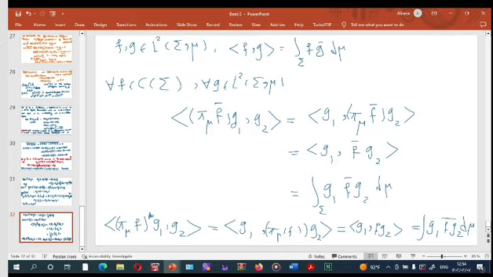Okay, we must take a bar. I don't like this bar. So we have this bar in whole of this, and this is equal to g1 f g2 bar.